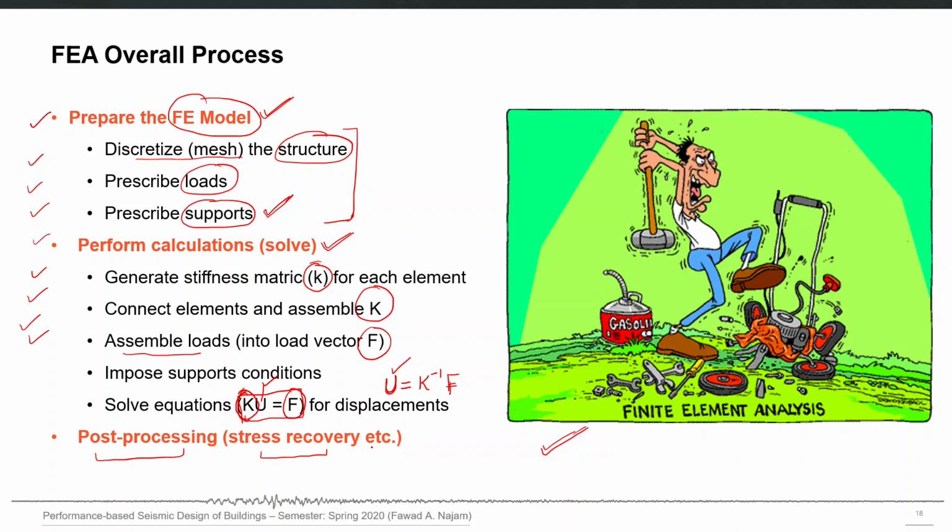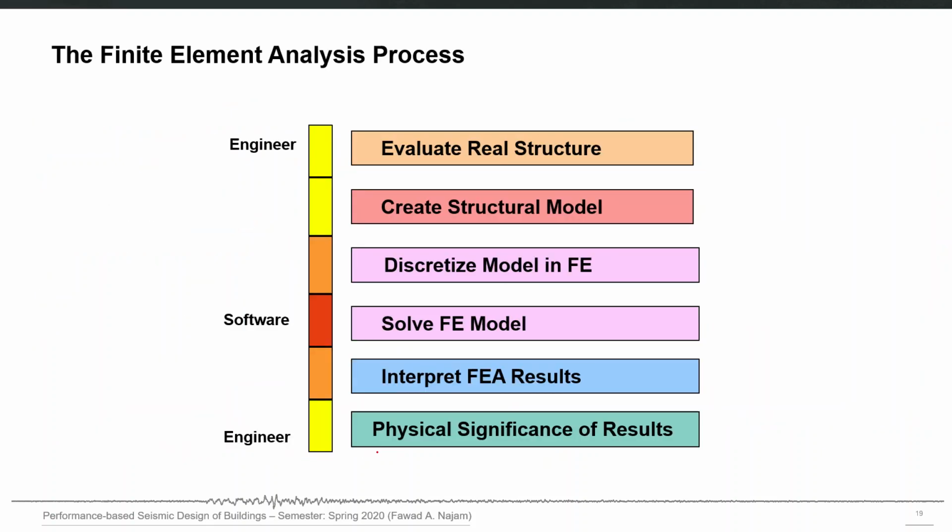So this is the overall finite element process, and if we decompose it to different tasks which we have to do, these will be these tasks. And not all the tasks will be accomplished or carried out by the engineer. Let's see what are some of those tasks which the engineer is required to accomplish, and what are those things which the software will help in calculating.